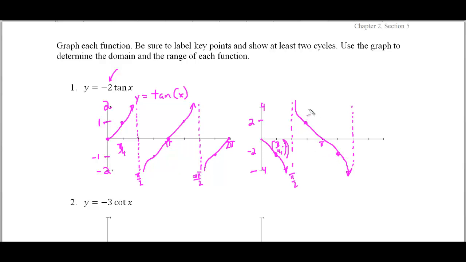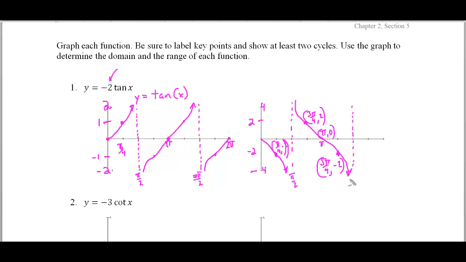So this is the point, let's see, this is going to be pi over 4, 2 pi over 4, this is 3 pi over 4, comma 2, 4 pi over 4, comma 0, or just pi, comma 0, and this is going to be 5 pi over 4, comma -2, right there.